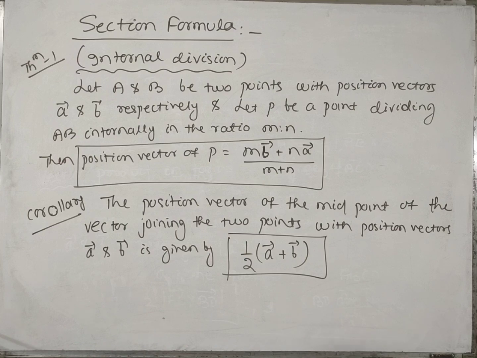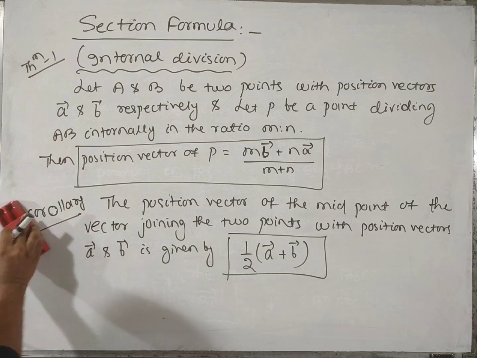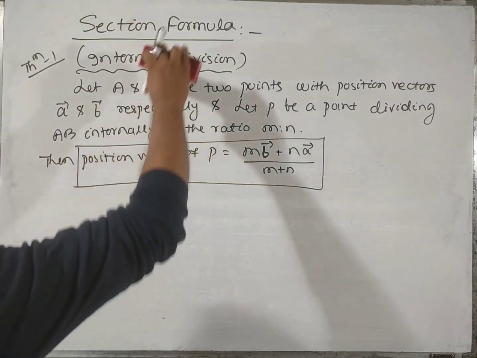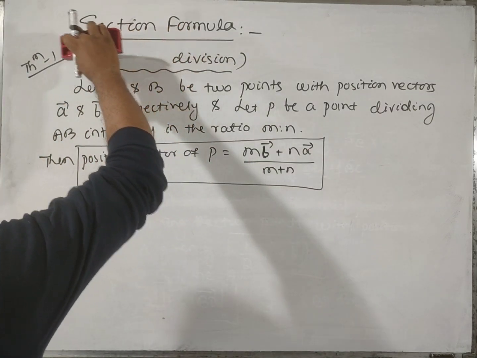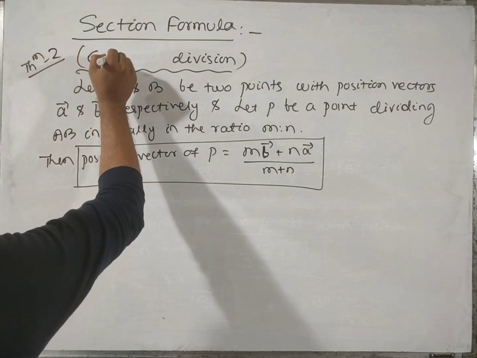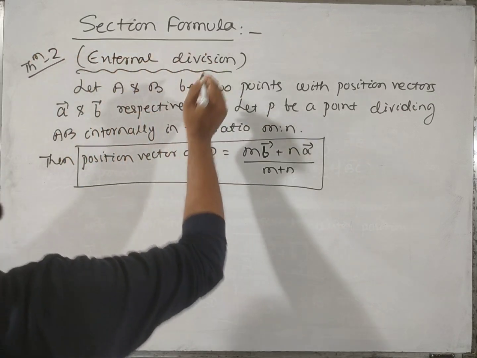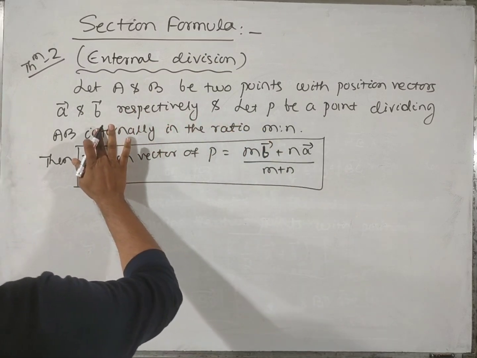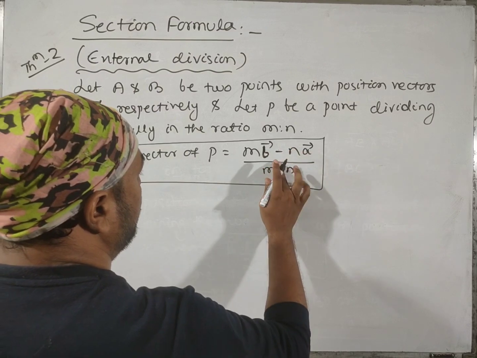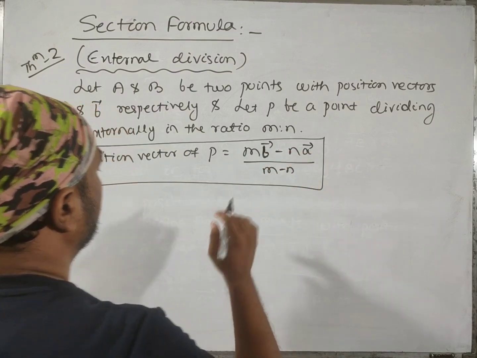Now let us discuss the external division. So just we can change some of the words here. It is theorem number 2, and it is external division. It is externally, and you have to give the negative sign in place of the positive sign.